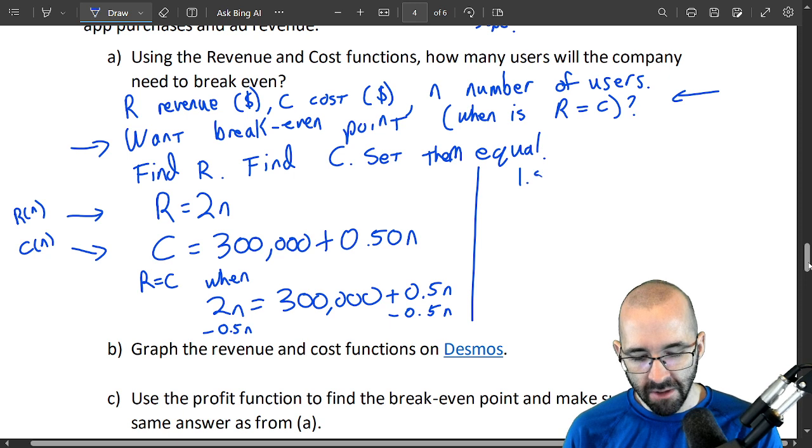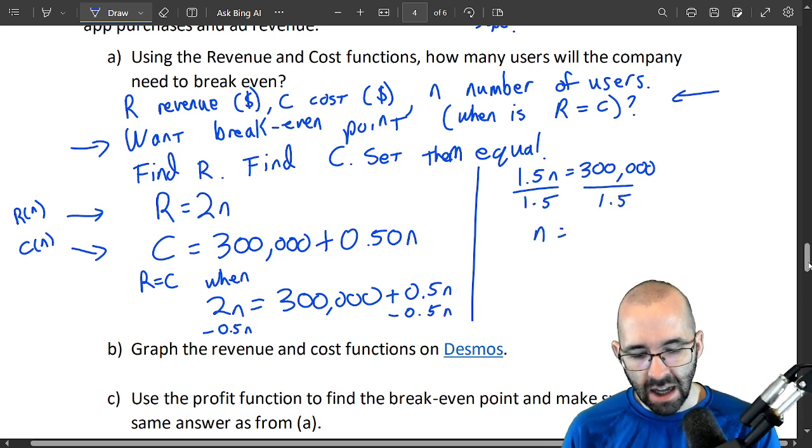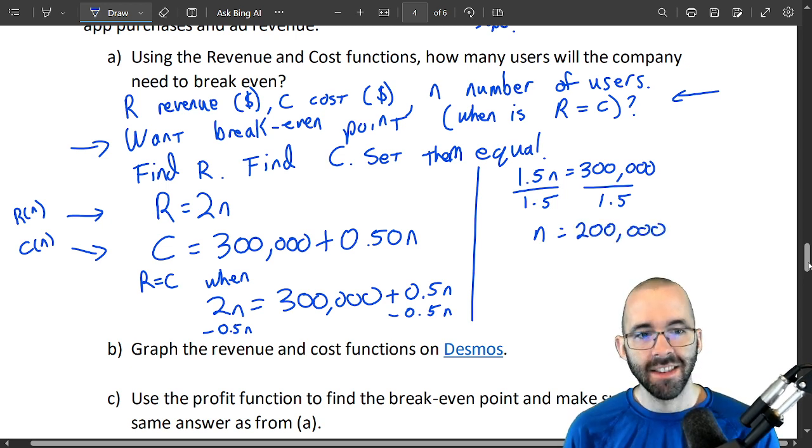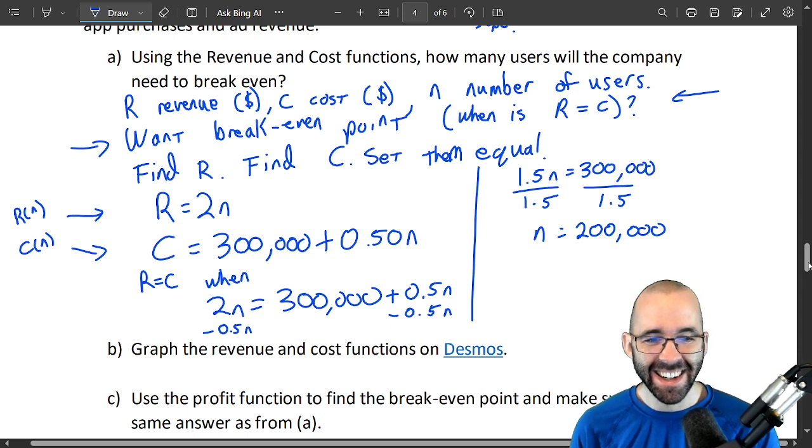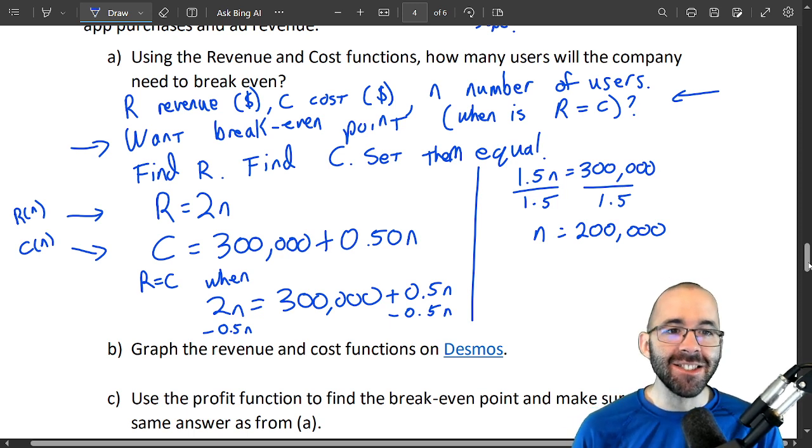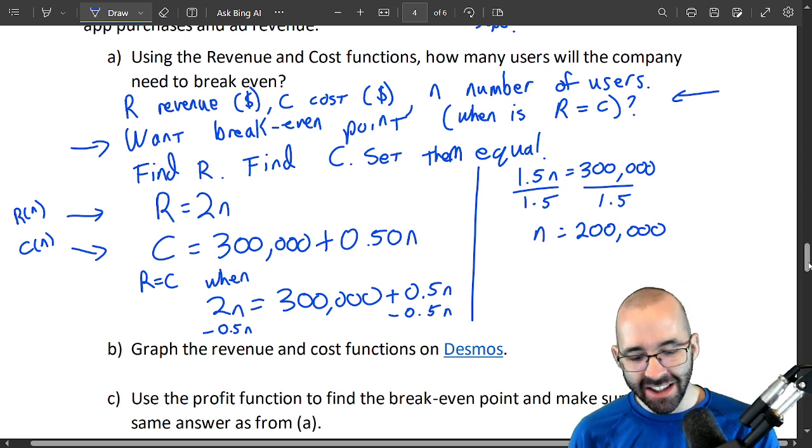And then we're going to get 1.5n is equal to 300K. Divide both sides by 1.5. You're going to get n is 200,000. Oof. We need at least 200,000 users. We'll break even.